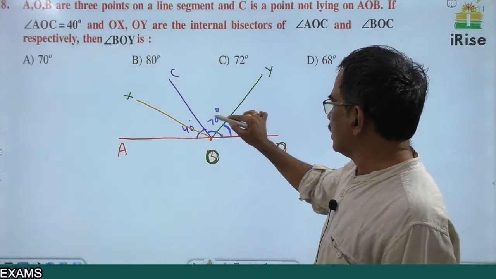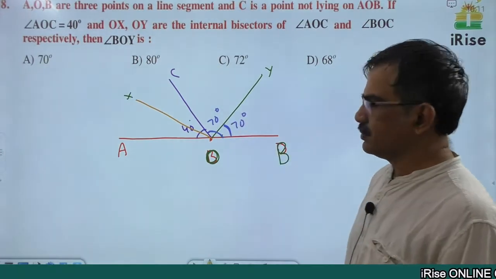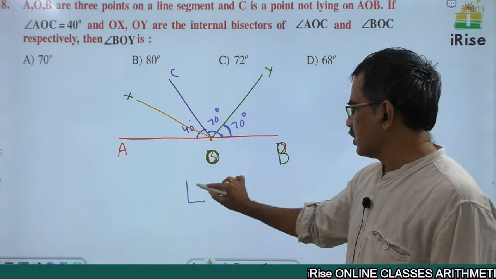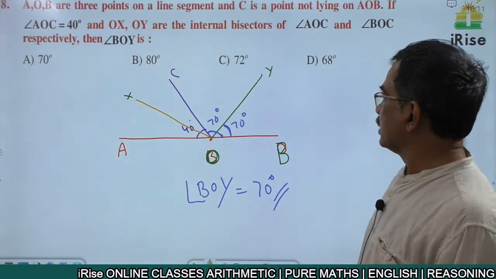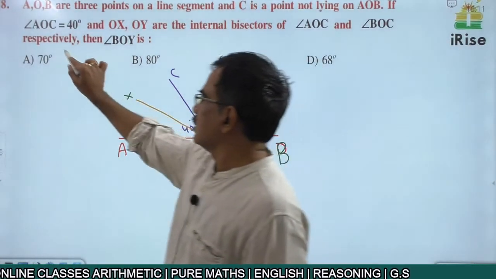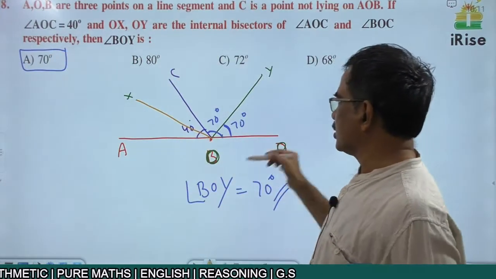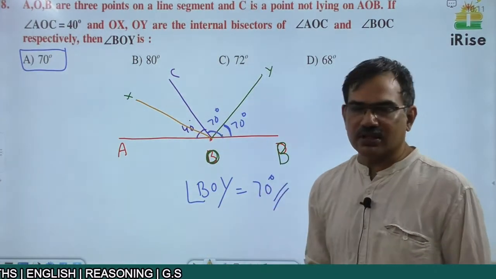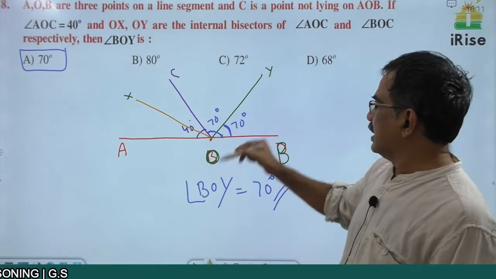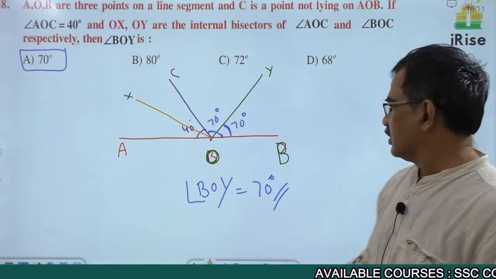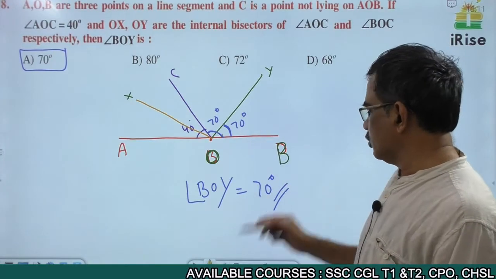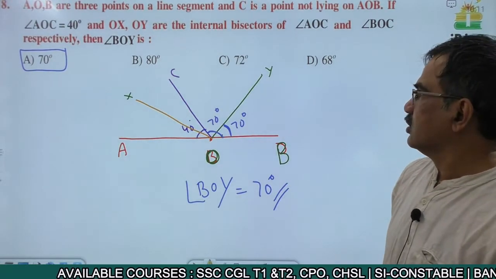Therefore this is 70, and this is also 70. So angle BOY is equal to 70 degrees. The answer is 70, because they form a straight line. If this is 40, this is 140, and OY bisects it, so it is divided into two equal parts, 70, 70. Angle BOY is equal to 70 degrees. Okay, next.